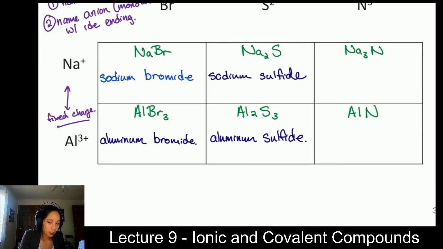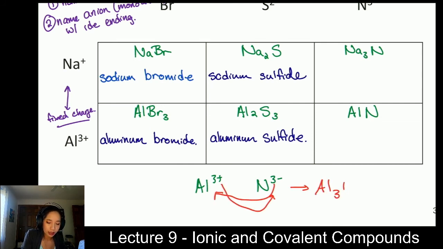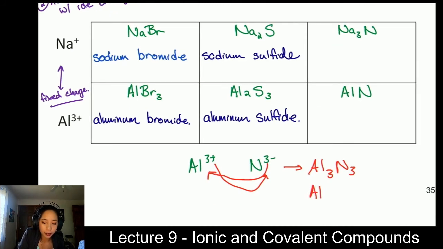I'll show you how, if I have aluminum 3 plus and nitrogen 3 minus, you can also switch the charges and the subscripts. So this would become aluminum 3, nitrogen 3, but you can simplify that. You can say there's three aluminums for every three nitrogens, but that's the same as saying there's one aluminum for every one nitrogen. So simplify.